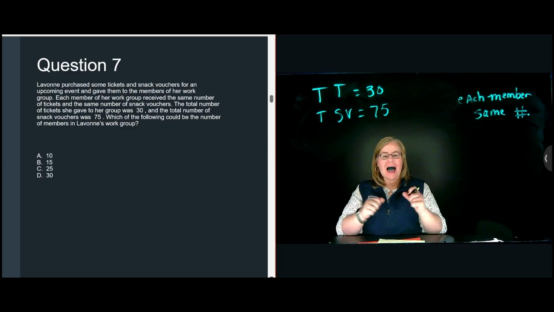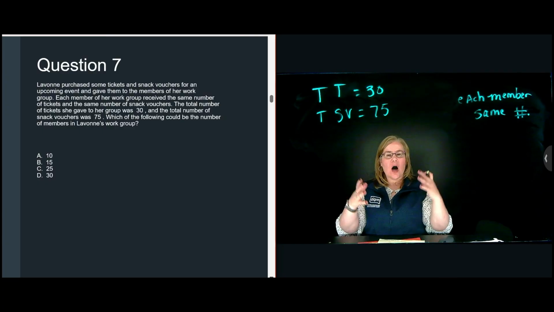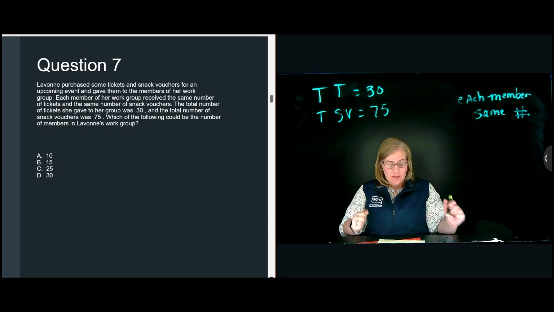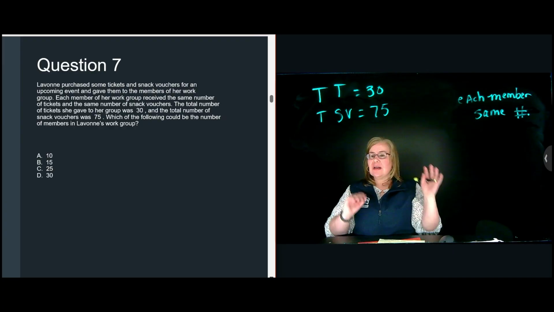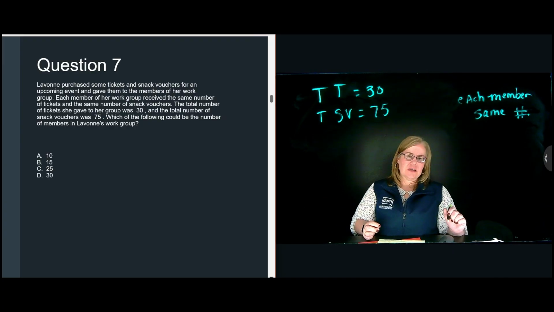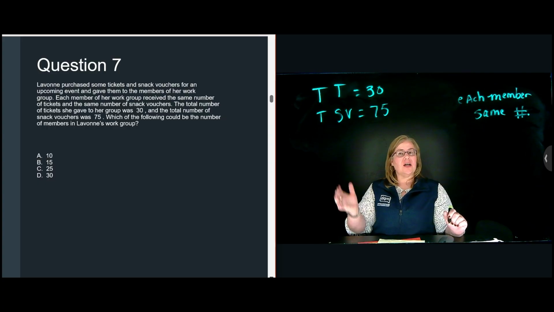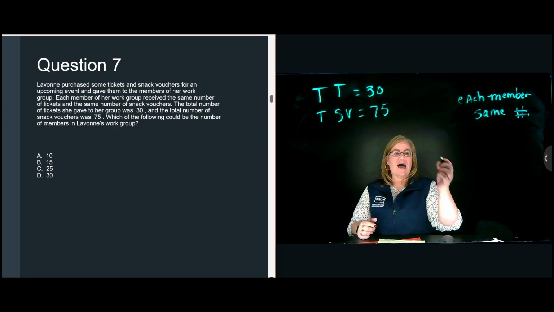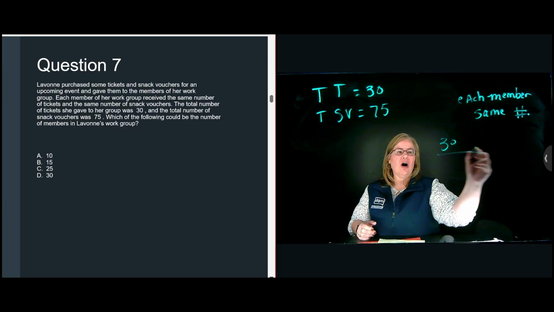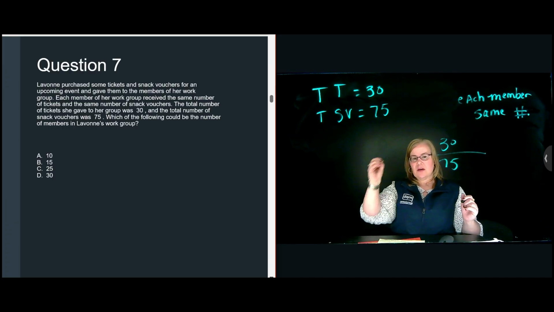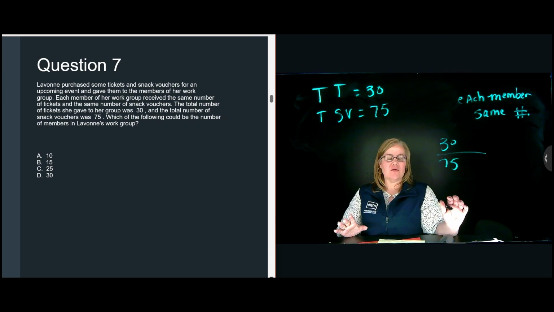Well, first of all, I need to know what my greatest common factor or my greatest common denominator is of these. You can either use your calculator to find the greatest common denominator, or you can find your greatest common factor using any way, maybe making a chart or knowing that this one goes into this one. However you need to do that.